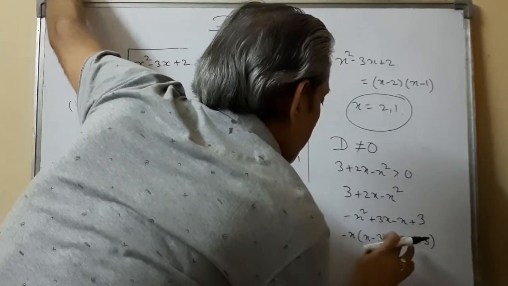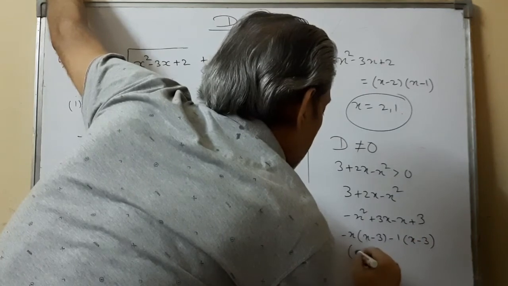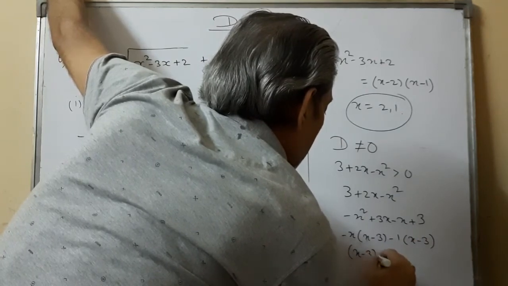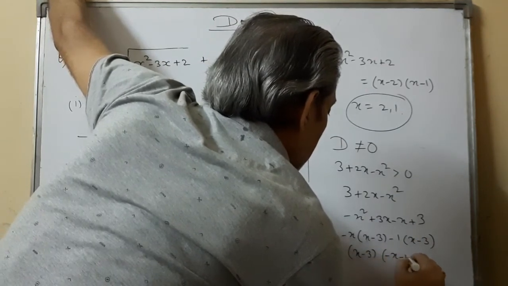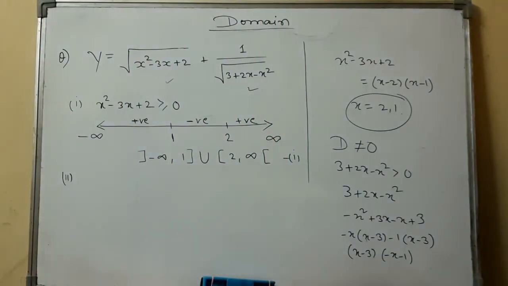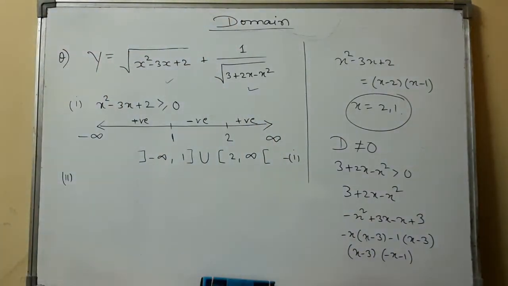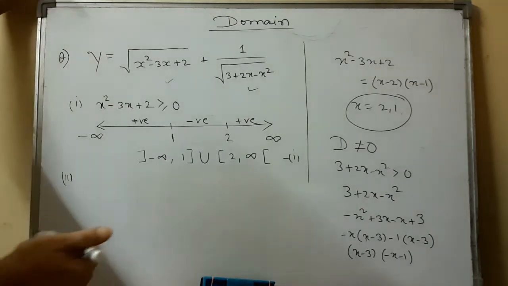So we get x minus 3 into minus x minus 1. So when we equate it to 0, we will get two values of x, which are minus 1 and 3. Minus 1 and 3.